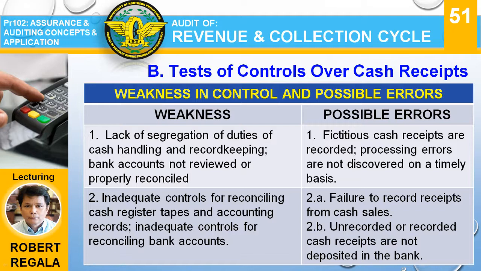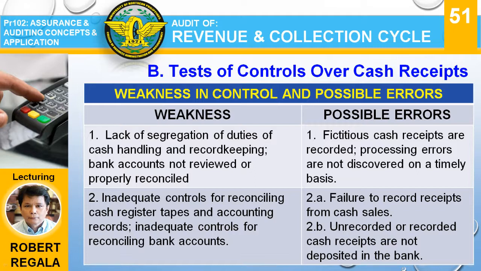Weakness number 2, inadequate controls for reconciling cash register tapes and accounting records, and inadequate controls for reconciling bank accounts. This could lead to failure to record receipts from cash sales, and unrecorded or recorded cash receipts not being deposited in the bank.